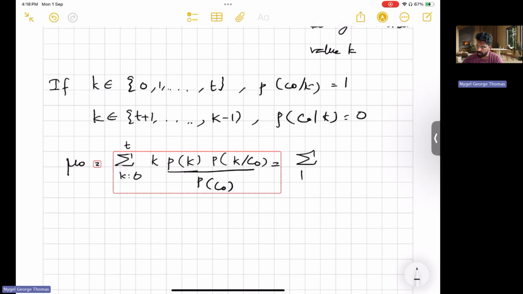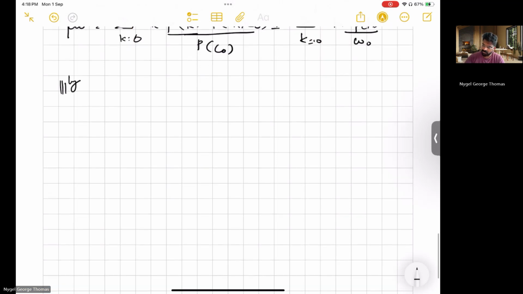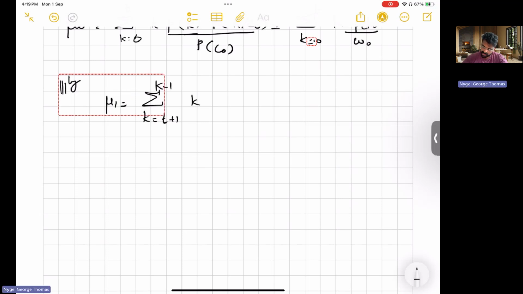So it is basically sigma k equal to 0 to t, k times P of k divided by omega naught. Similarly, mu1 can be written as sigma k is equal to t plus 1 to K minus 1, k into P of k divided by omega 1.